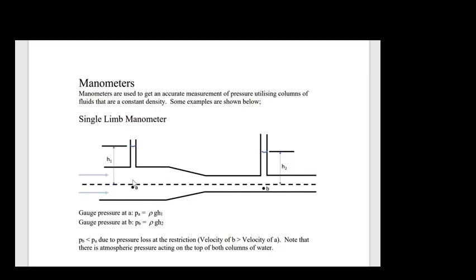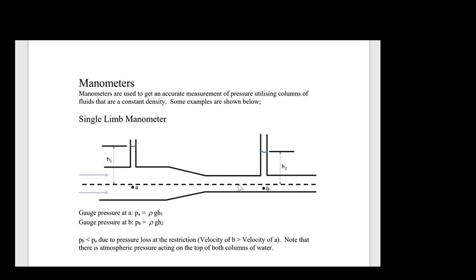So our gauge pressure at point A is rho g h1. Our gauge pressure at point B is rho g h2. PB is less than PA due to the fact this pipe is constricting. So therefore the conservation of mass tells us that the velocity must be increasing.